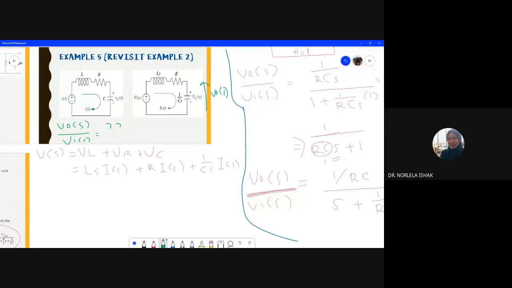Okay, now we finish our first equation. This is our equation number 1.